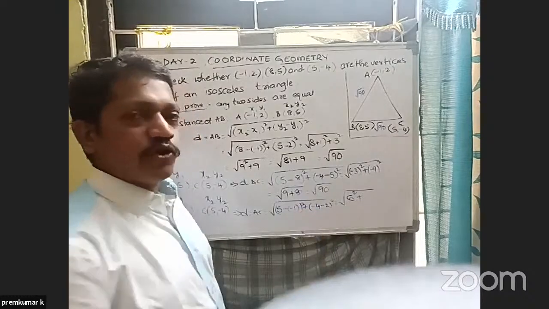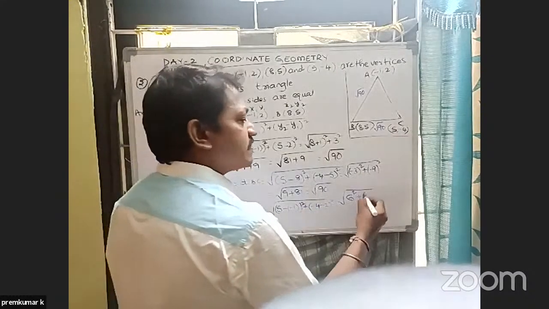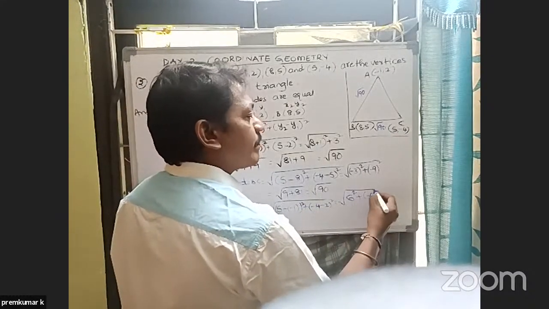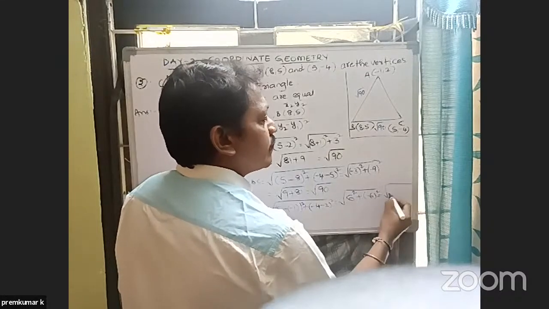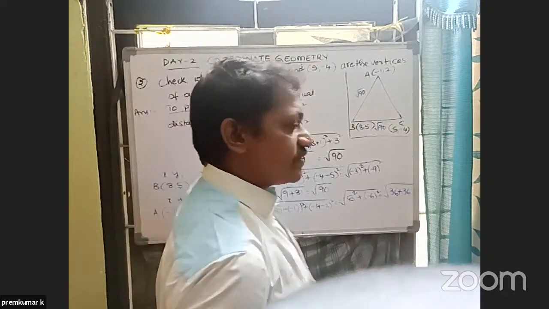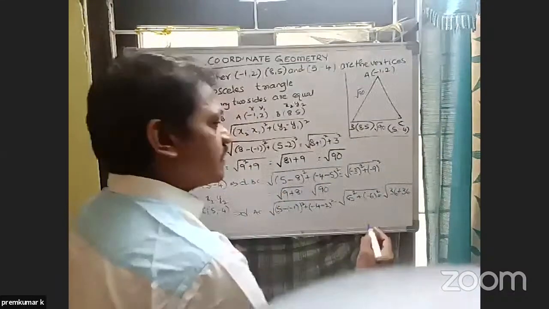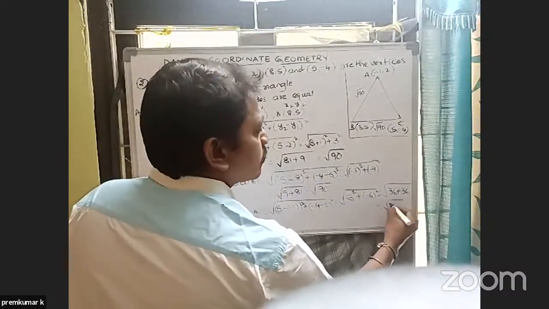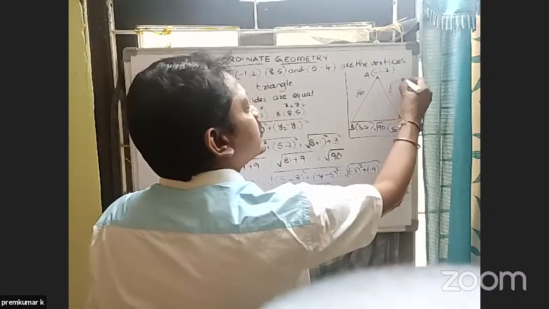Here -4 -2 is -6 square, that is root of 36 plus 36. What will you get? Root 72.